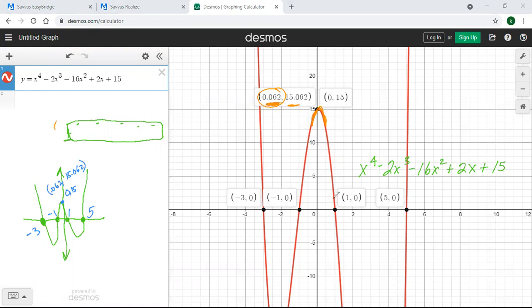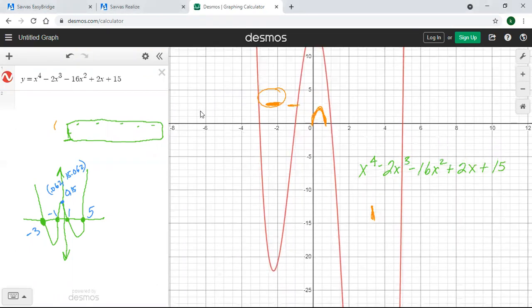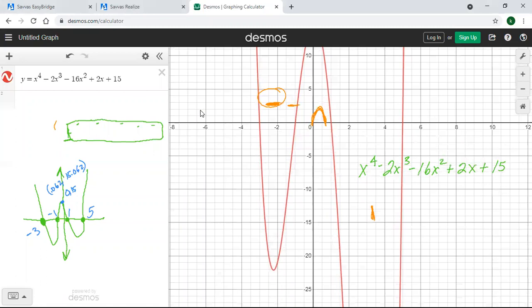And then down here on the bottom, these two bumps on the bottom would be turning points as well. So this one down here, right there, negative 2.215. So that's between negative 2 and negative 3, right?